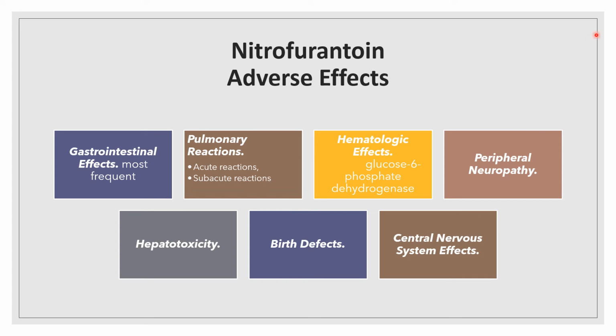It also has hematologic effects. Hemolytic anemia may occur in infants and in patients whose red blood cells have an inherited deficiency in G6PD, or glucose-6-phosphate dehydrogenase. Nitrofurantoin can also cause peripheral neuropathy, so damage to sensory and motor nerves is a serious concern.